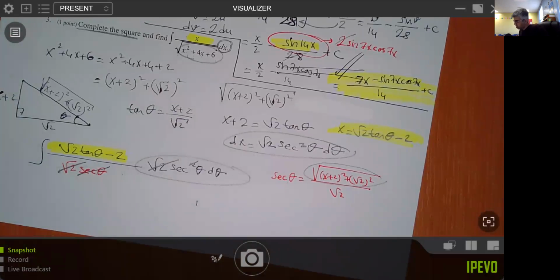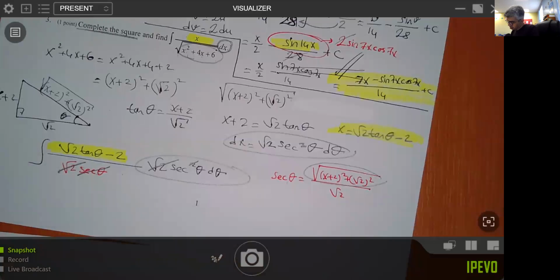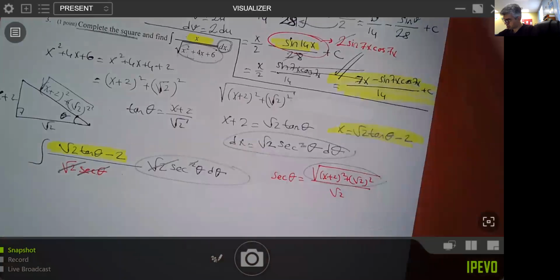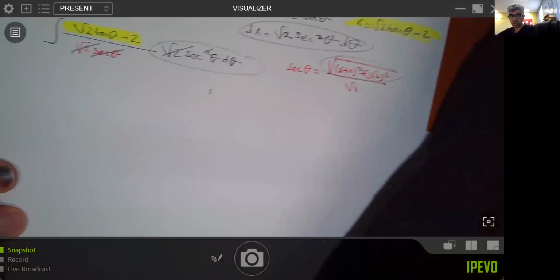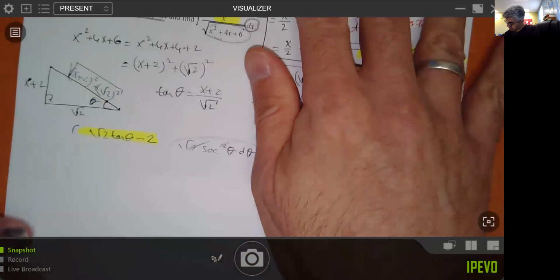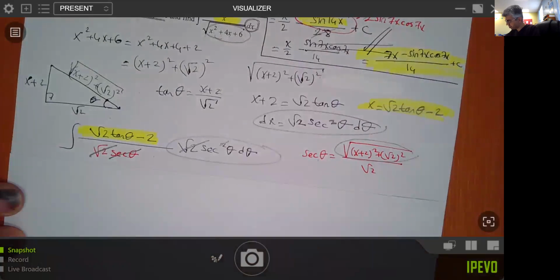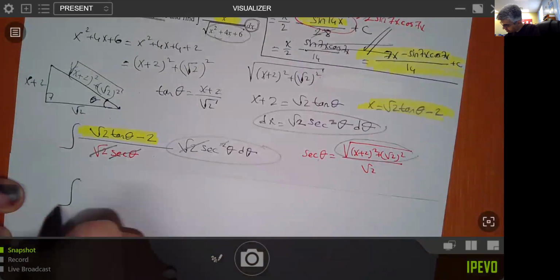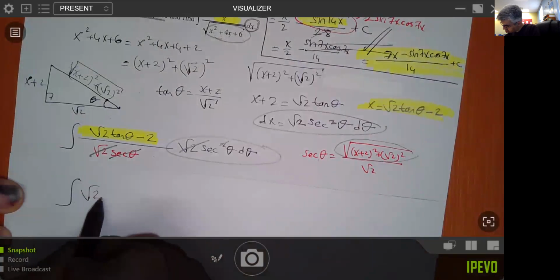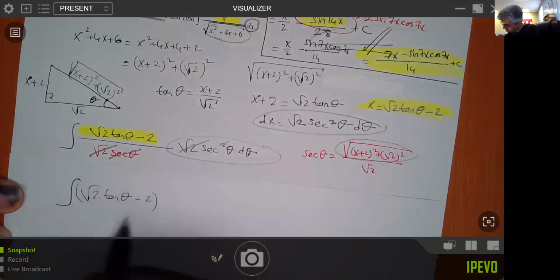And then let's write what we have. So now we have root 2 tangent theta minus 2 secant theta d theta. I have this.